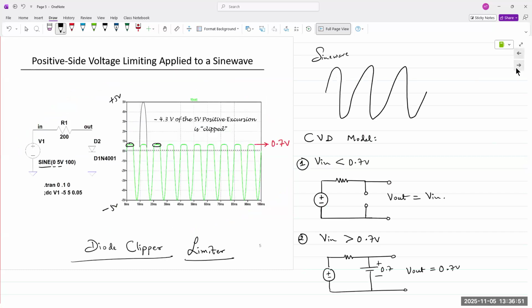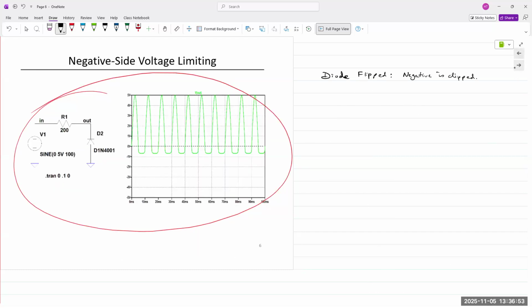Okay, based on the previous two slides, if you will. Okay. All good?